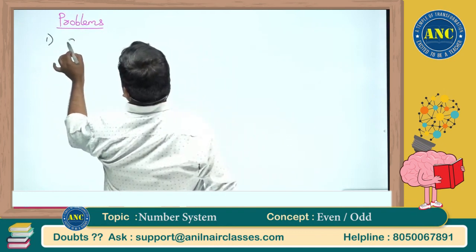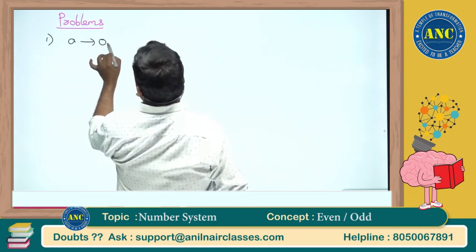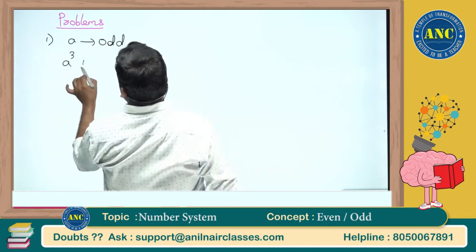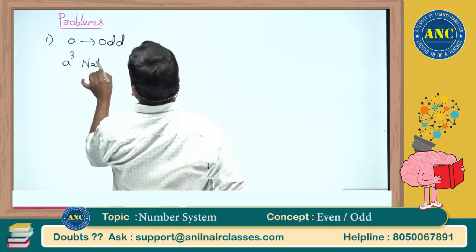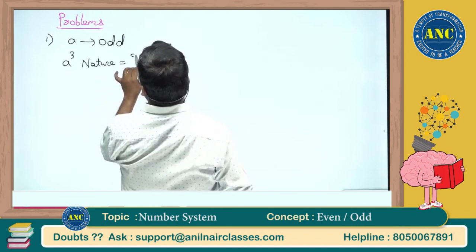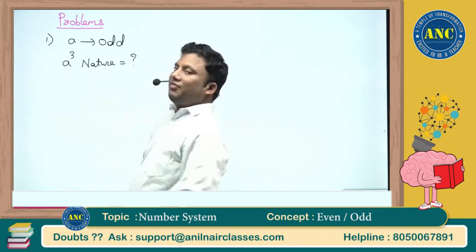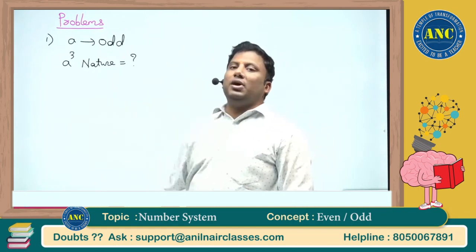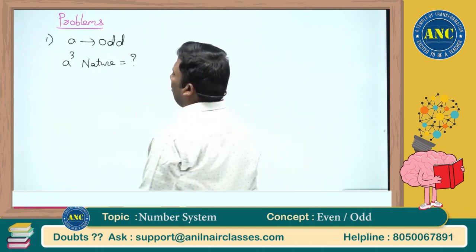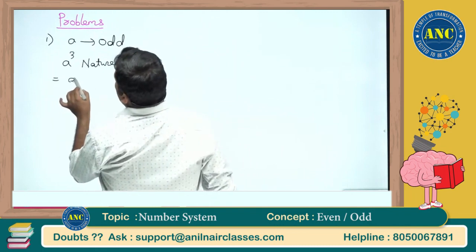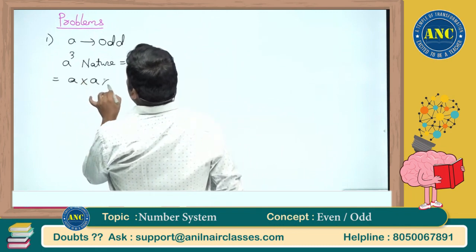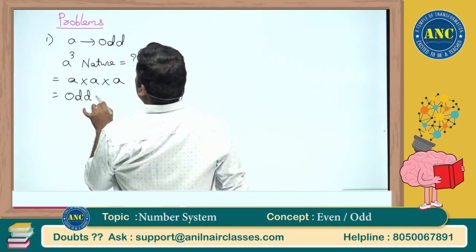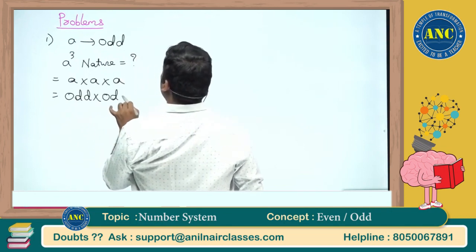First one: A is an odd number. What is the nature of A cube? When I say nature of A cube, he is asking whether A cube is an odd number or an even number. A cube means A is multiplied 3 times, so it is odd into odd into odd.